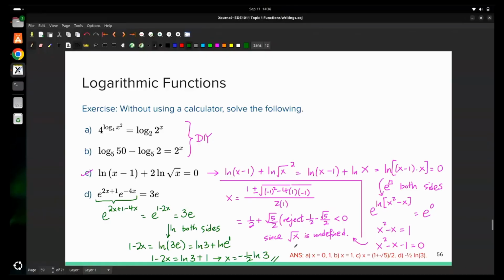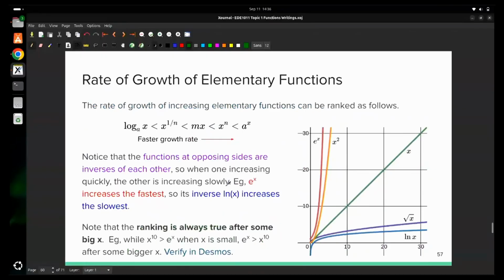But I think it's okay, can leave it like that. Any questions? Certainly you try A and B on your own, as well as the practice questions in the tutorial. Now we're going to move on to talking about the rate of growth of elementary functions. This whole thing is going to make sense because now we have defined every elementary function already.